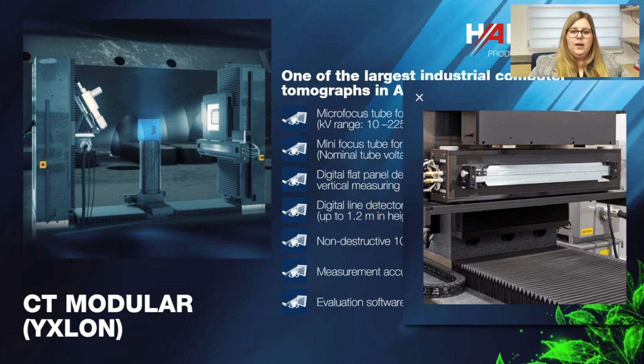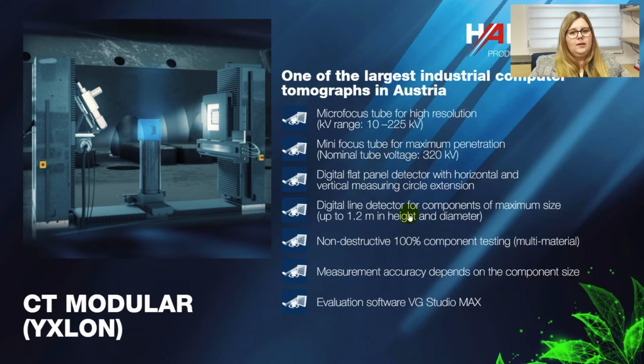And then we have a line detector. This is a very special detector. It is used for large components of a length of up to 1.20 meters, and it's so special because we can evaluate multi-material components with significantly fewer artifacts than with conventional methods.